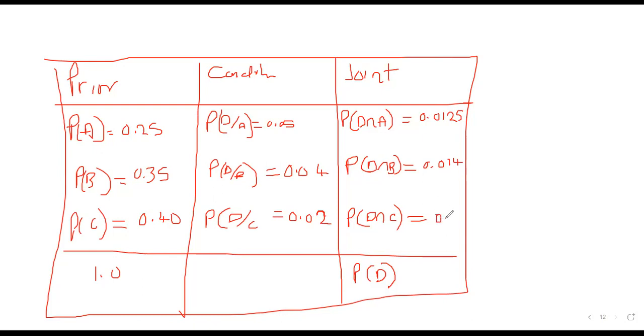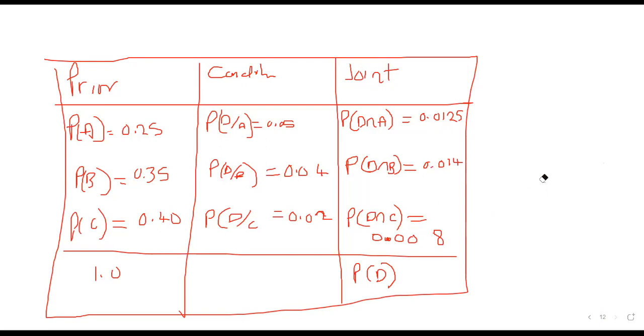0.008. 3 zeros. So 0.008, like this. Confirm. No, it's 0.008.